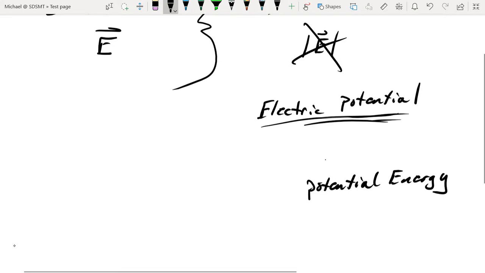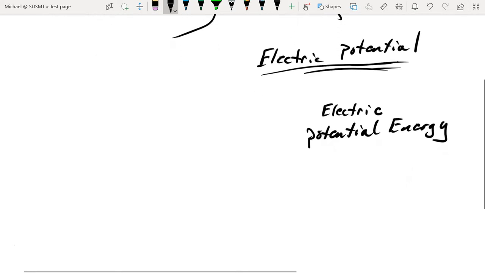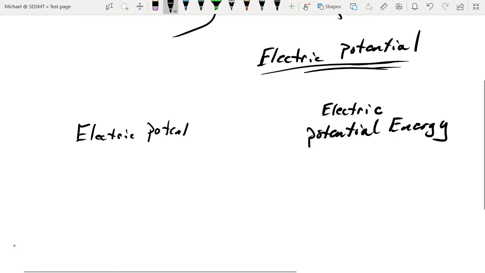There is such a thing as an electric potential energy, just like there is a gravity potential energy, a spring potential energy, even chemical potential energy. So there are lots of different kinds of potential energy out there. But what we're going to do is stop right at the term potential. So these two terms are not the same thing.